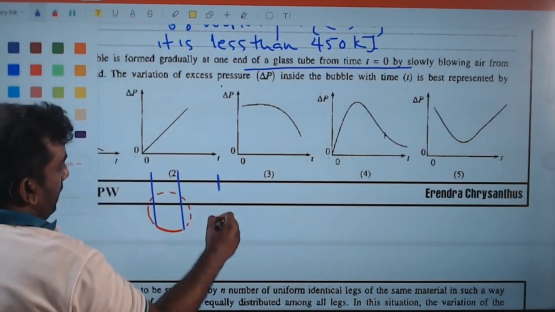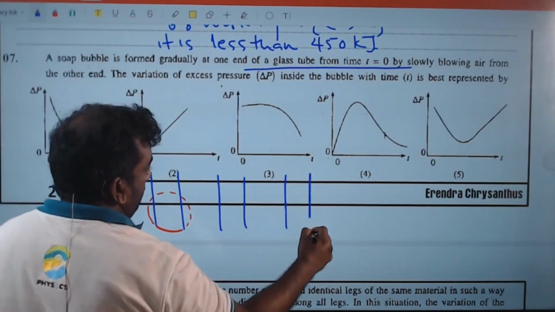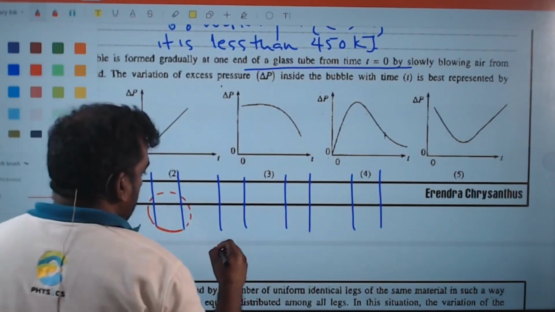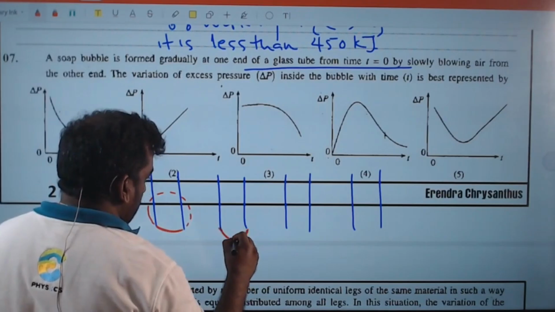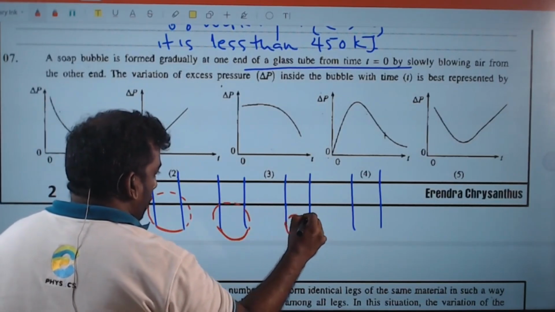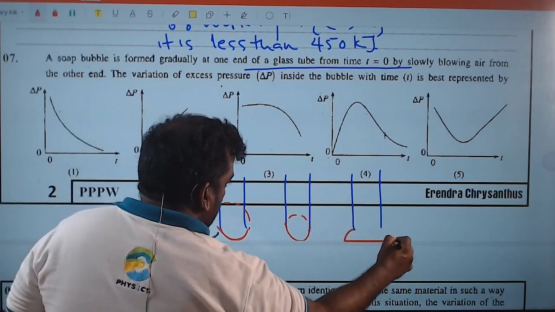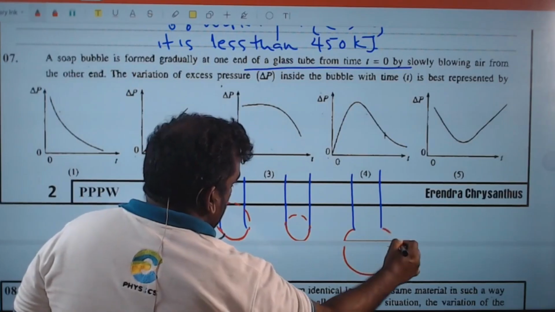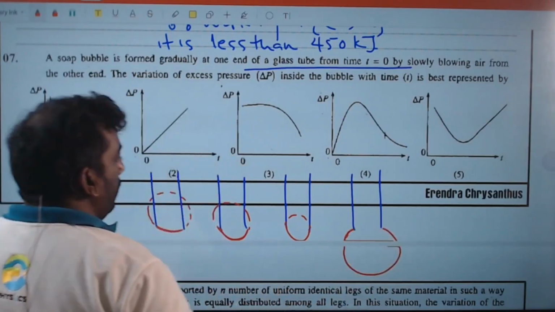At one instant it is equal to the tube. Then again bigger than the tube, then falls out.